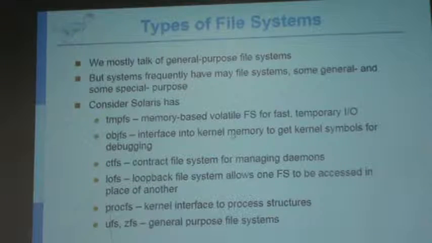So what if we use the memory as a file system? Even though we lose such information during the operation, it doesn't matter. Because it's not permanent data, it's just temporary data for sorting. We can do it again later. So that is a temporary file system. Also in the kernel memory, we can keep some kernel symbols or debugging information and so on.